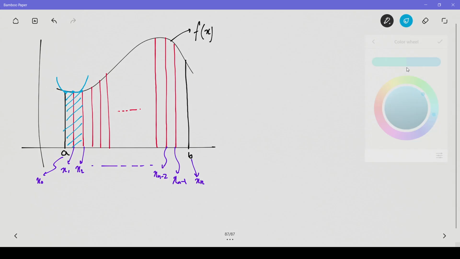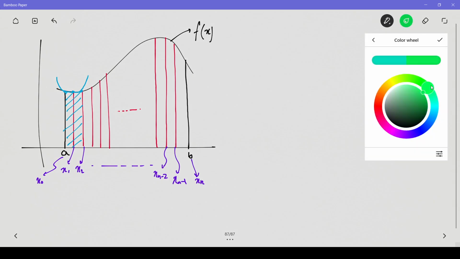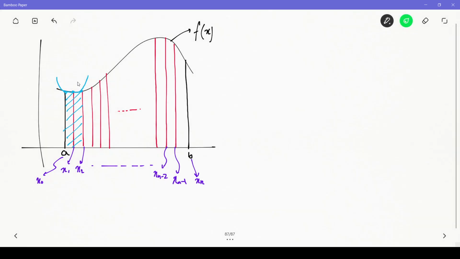to the upper limit x2. Now we'll do the same thing for the next pair of segments, which is what? This segment and this segment, right? So for these two segments, we are considering this coordinate, this data point, this data point, and this data point, right? So between these three data points, we have to pass a second order polynomial.